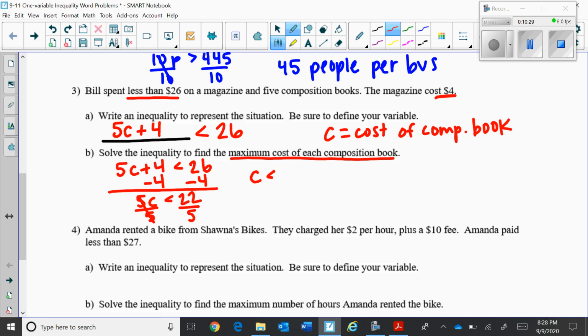C is going to be less than, 22 divided by 5 is 4.4. Now we're talking money here, and since we are talking money, we can keep that. So the cost is going to be less than $4.40.